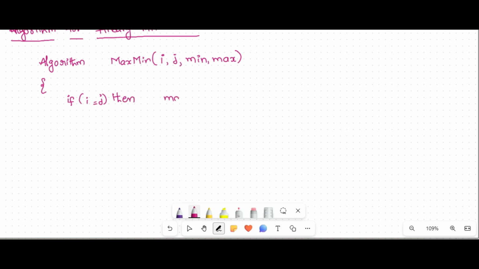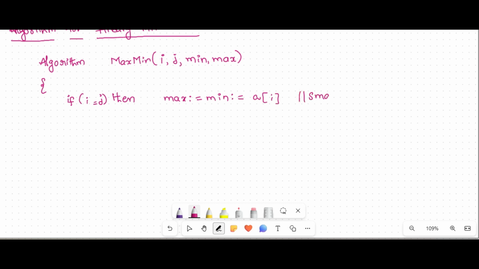Then which one will become the maximum element? Both are equal. Either you can write i or you can write j.